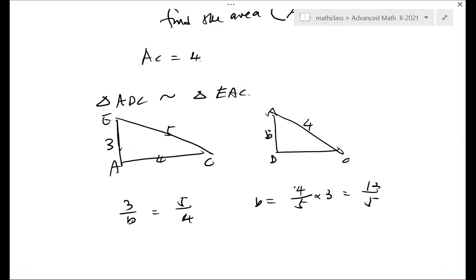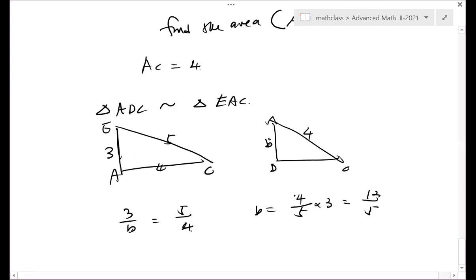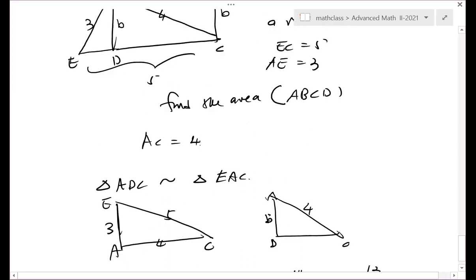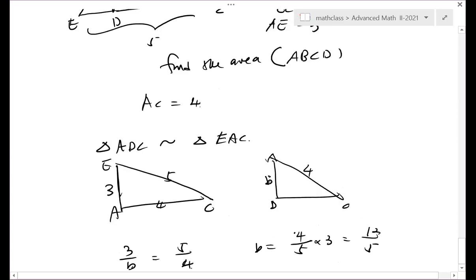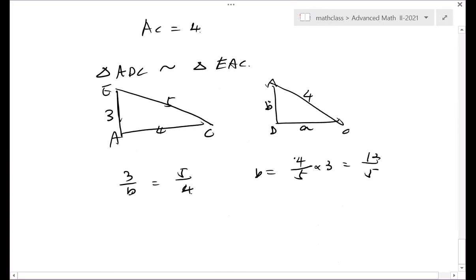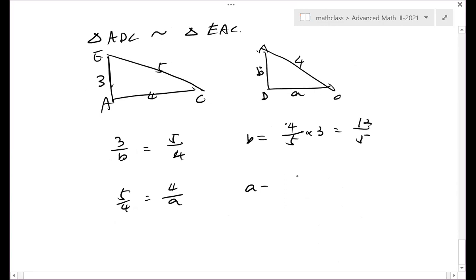So you find the height of the rectangle, right? So DC is A actually, right? So then you can also get A: 5 over 4 is going to be A over 4... that implies A is going to be 16 over 5.